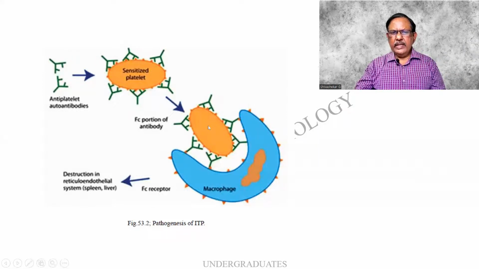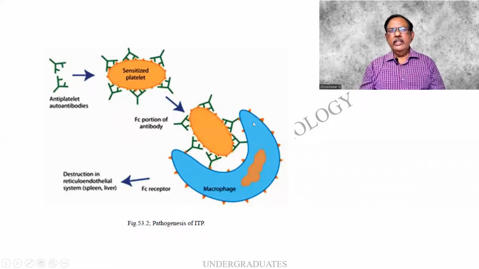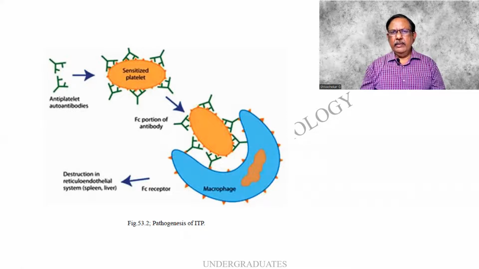Now, there are some receptors in a macrophage, particularly in the spleen, which will adhere to the antibodies. Therefore, the platelets cannot escape. It is as though there are some tentacles around it and it is being devoured or eaten. Therefore, there is a reduction in the platelets.